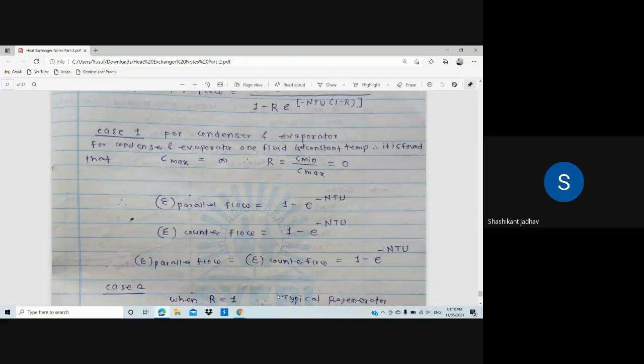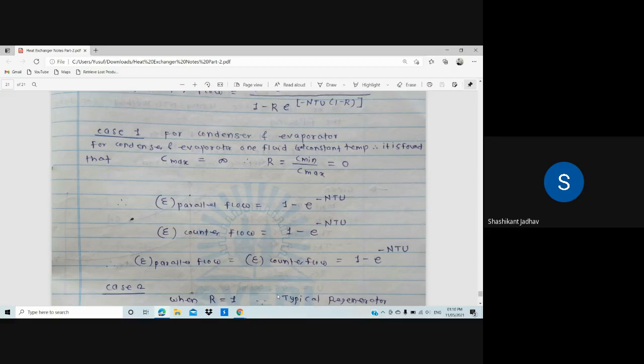So R is equal to what? R is equal to C minimum upon C maximum. Heat capacity ratio म्हणजे R असणार आहे. And what is the equation for that? R is C minimum upon C maximum. If C maximum is infinity, then what is the value of R? R is equal to 0.